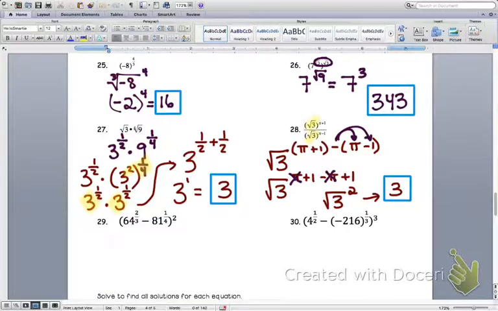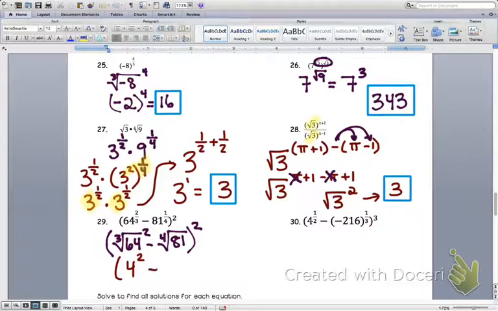29 and 30, very similar problems. They look a little scary. However, we just have to change them to their radical equivalents. So cube root of 64 squared minus the 4th root of 81, all to the 2nd power. We know the cube root of 64, it's 4. And then we take 4 to the 2nd power.